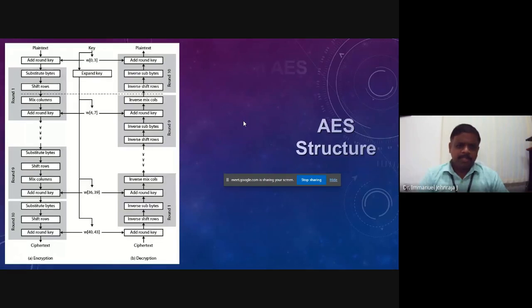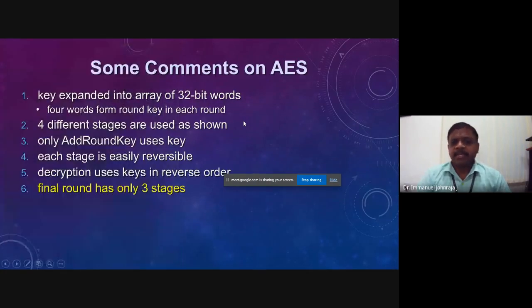So some comments just to know more about it. The key is expanded into an array of 32-bit words, 4 bytes. 4 different stages are used as shown. Only add round key uses the key. Please remember, key is not given elsewhere. Only the add round key step uses the key, and that is also a simple XOR operation. Each stage is easily reversible.